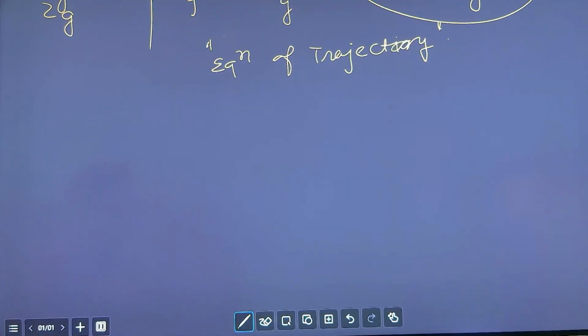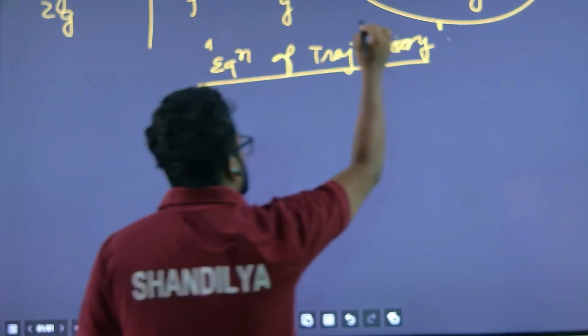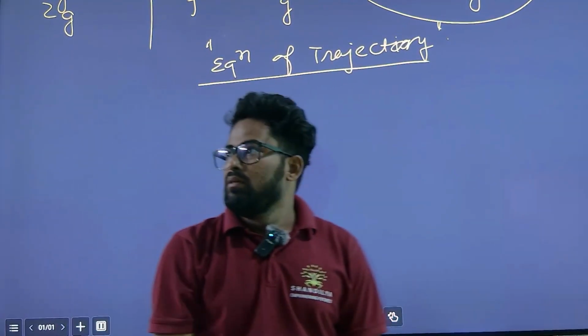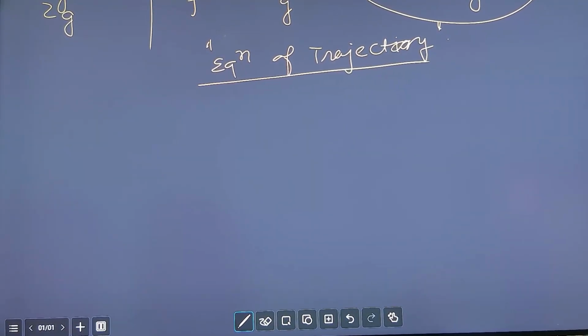So you might have heard of parametric forms of equation. We will build this parametric form of equation for x and y.